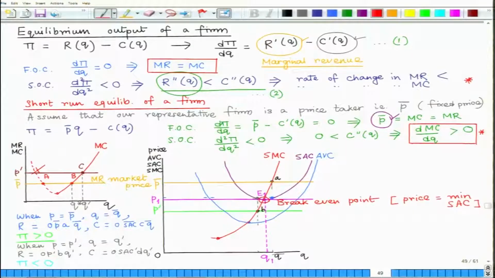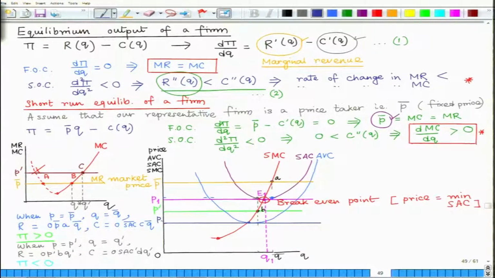Here we see that there is a market price at which the firm will be exactly able to cover its variable cost of production, because fixed cost is independent of the output being produced by the firm. So the fixed cost that the firm has made is already gone. Now the firm will try to cover at least the variable cost in the short run.